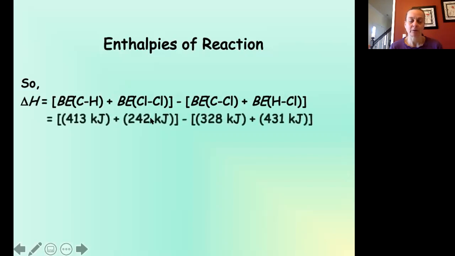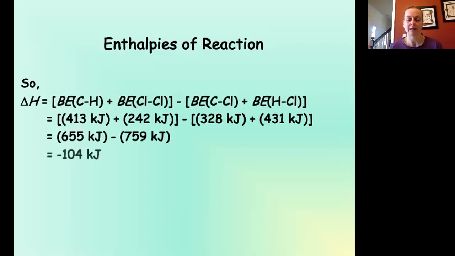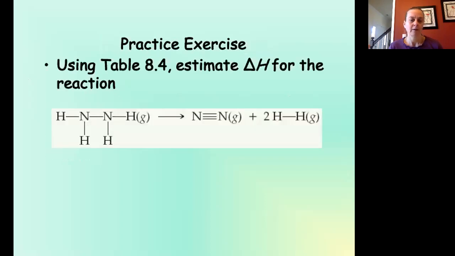So we have the 413 plus 242 minus the sum of 328 plus 431. And we get 655 minus 759, and we get negative 104 kilojoules per mole of reaction. So remember, broken minus formed.